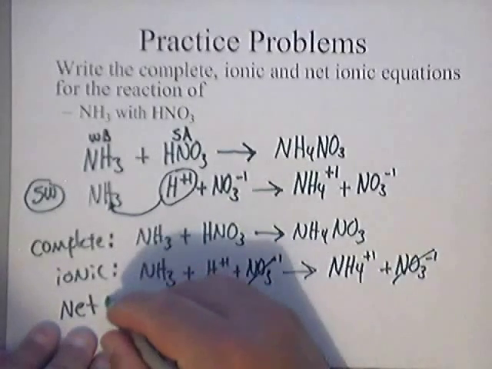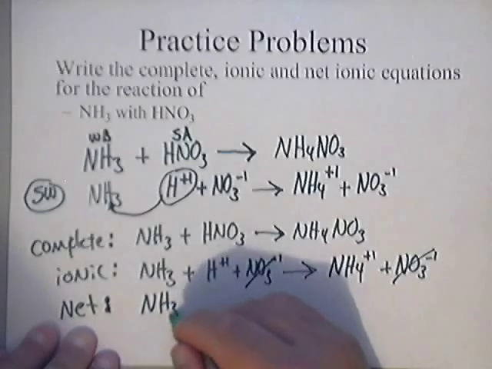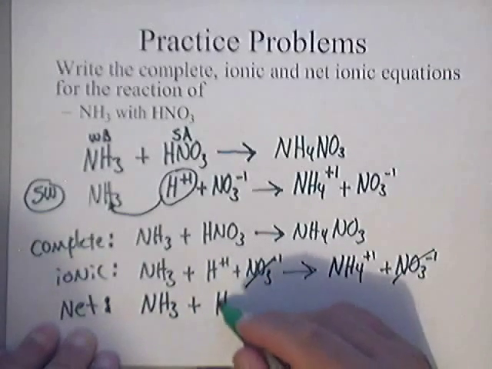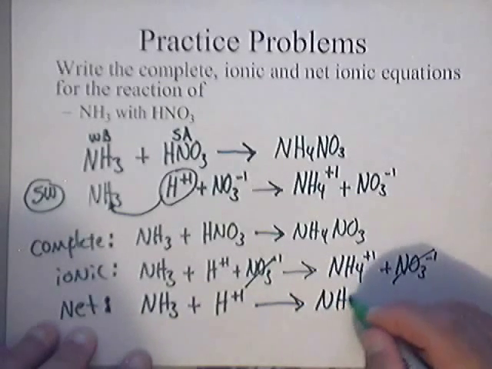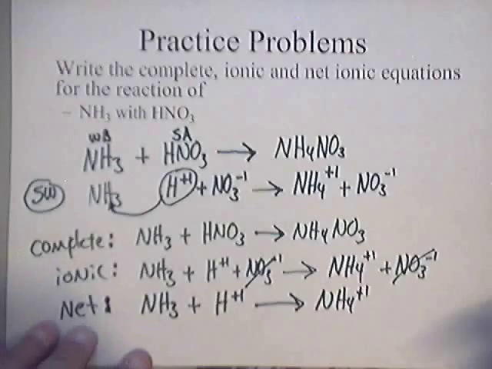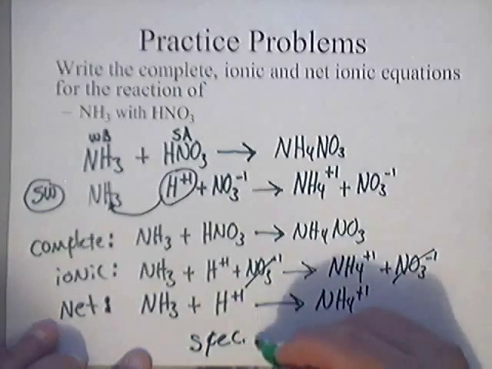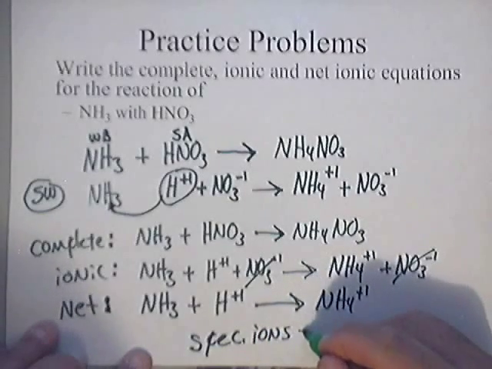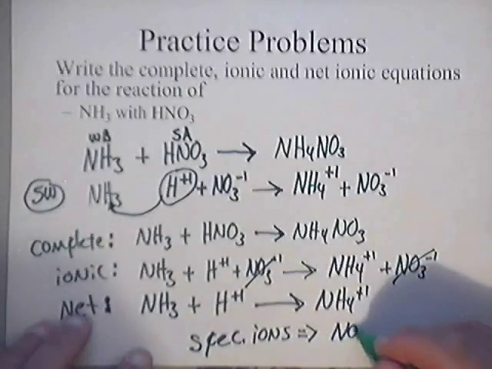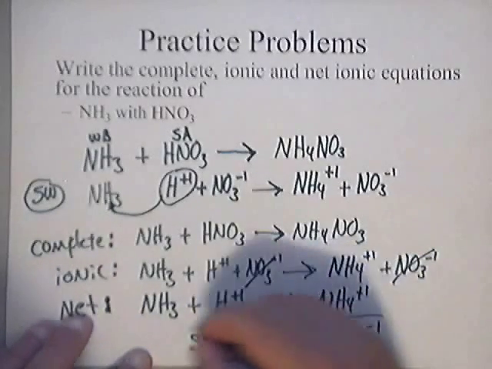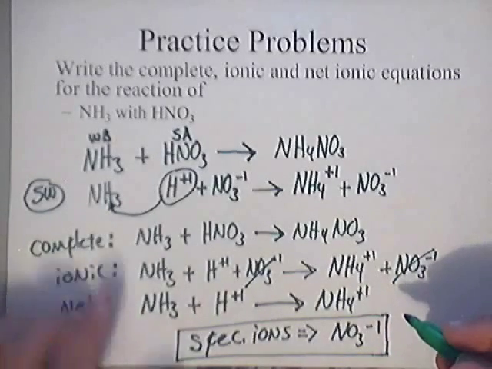So the net ionic equation would be what's left behind that you didn't mark out: NH3 plus H plus 1 yields NH4 plus 1, and you're done. Just remember, if they ask you about the spectator ions, make sure that you know it is NO3 negative 1.